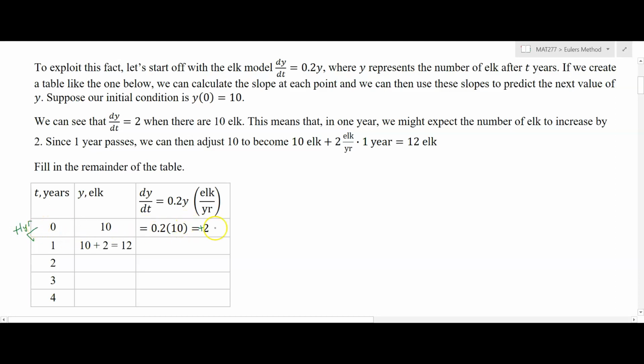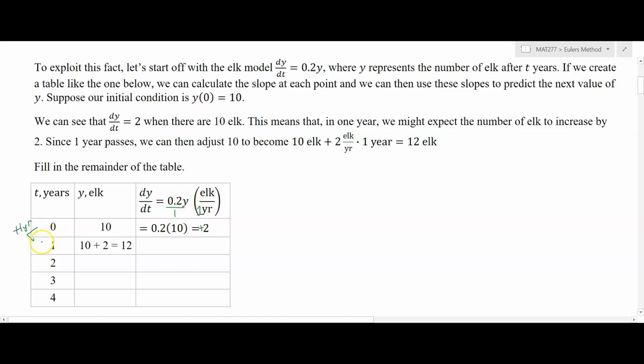Since 1 year passes, and according to our current information, we expect to gain 2 elk over the course of 1 year. This is always going to be in units of elk per 1 unit of time, or units of y per 1 unit of time. The reason is that if you put this over 1, the numerator represents how many elk, which is 10, per 1 year.